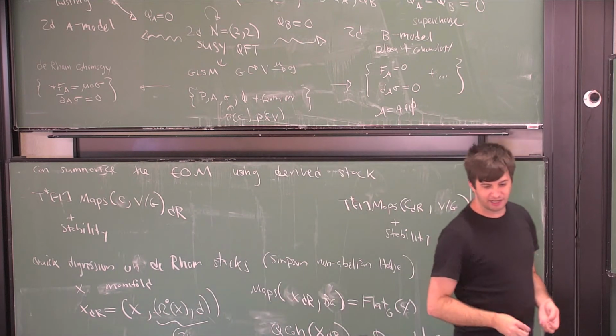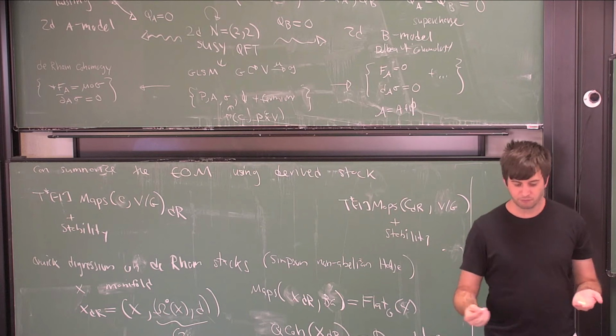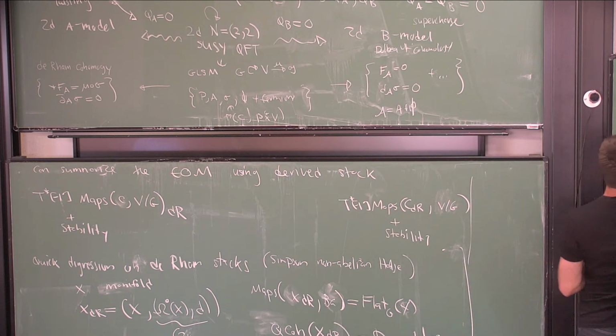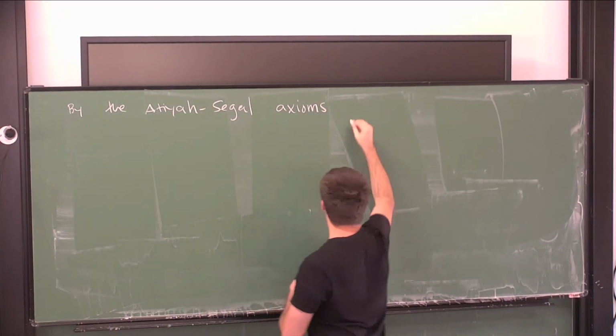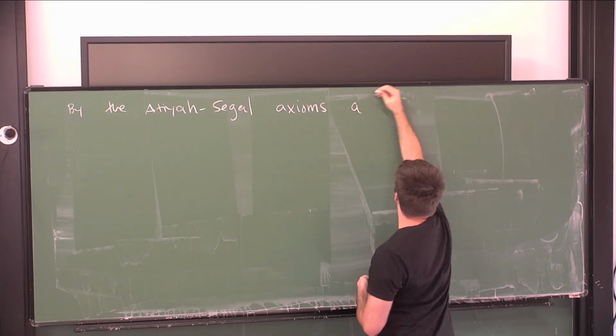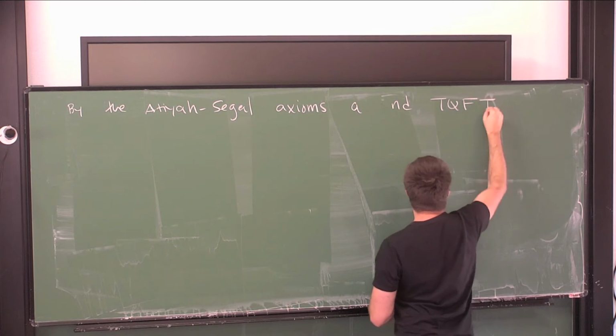And so then the question is, what sort of thing can you do with a TQFT? So these are mathematical objects, and they have a certain axiomatization, which is called the Atiyah-Segal axioms.